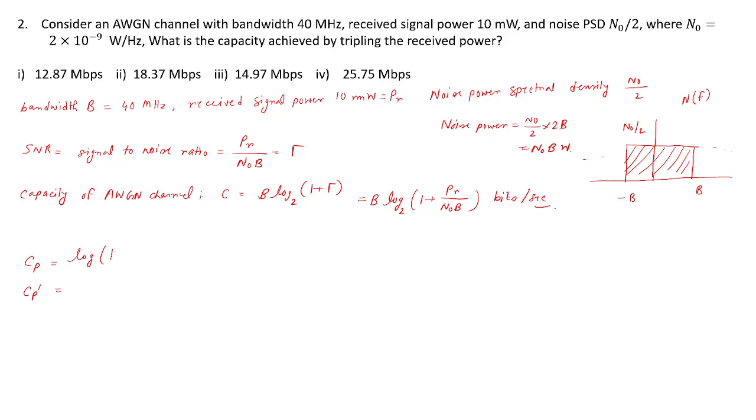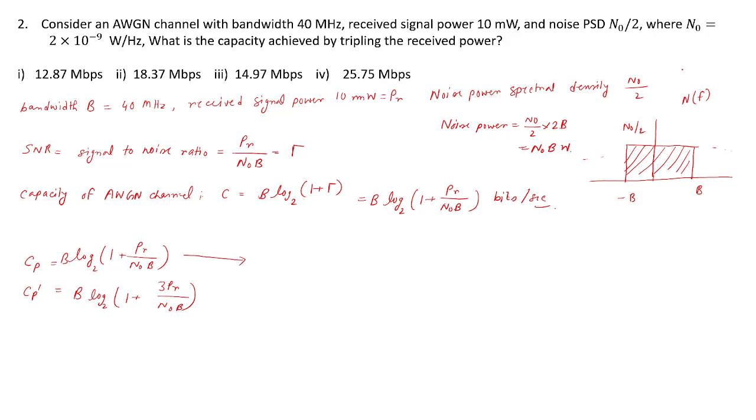CP is B log 2 of 1 plus PR by N0 B, whereas CP dash has the bandwidth remaining the same, only the received power becomes triple, so it becomes 3 PR by N0 B. First we'll calculate CP, the capacity we obtain with PR given in the question.